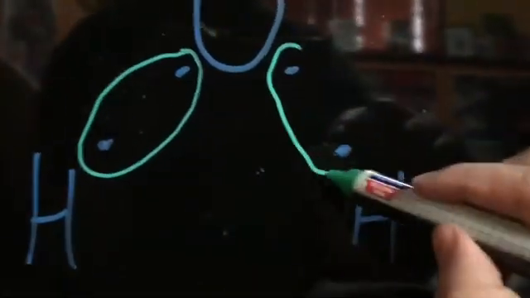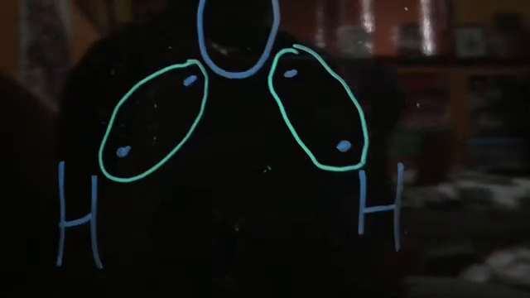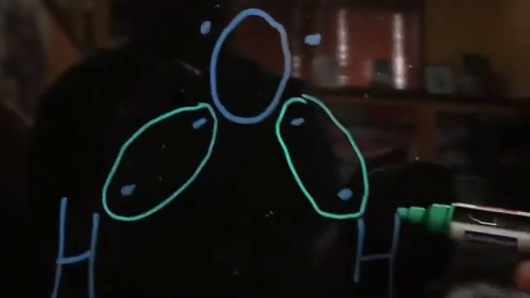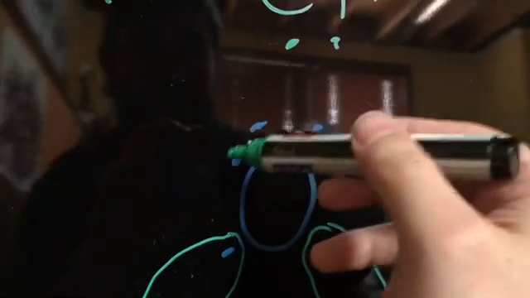And now this hydrogen is going to share its electron here with oxygen, and this hydrogen is going to share its electron with oxygen. So these hydrogens have 1, 2, and 1, 2, so they're both happy. And our oxygen has 1, 2, 3, 4, 5, 6, 7, 8. So the way that we can draw that is something that looks like this.